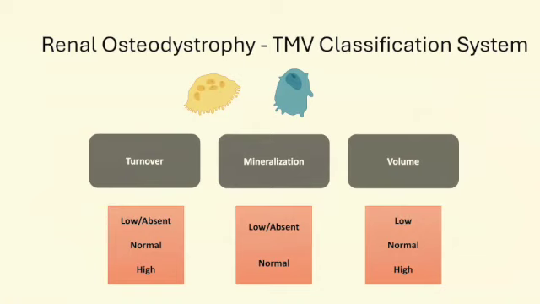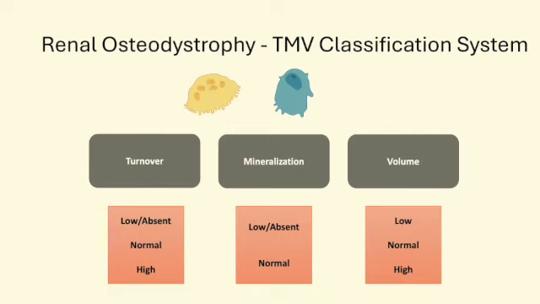Then they have defects in bone mineralization, where they don't lay down the hydroxyapatite well, they don't lay down mineral into the bone very well, they don't produce protein very well, and mineralization can be completely absent, low, or even elevated. And then, of course, the defects in bone volume, where, as we can measure by DEXA or by HR-pQCT, they have defects in cortical and trabecular bone volume.